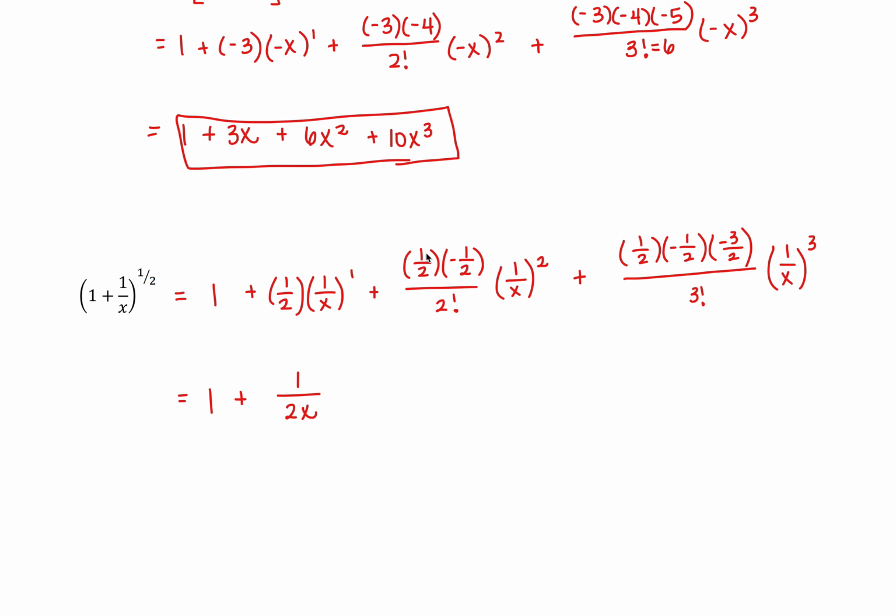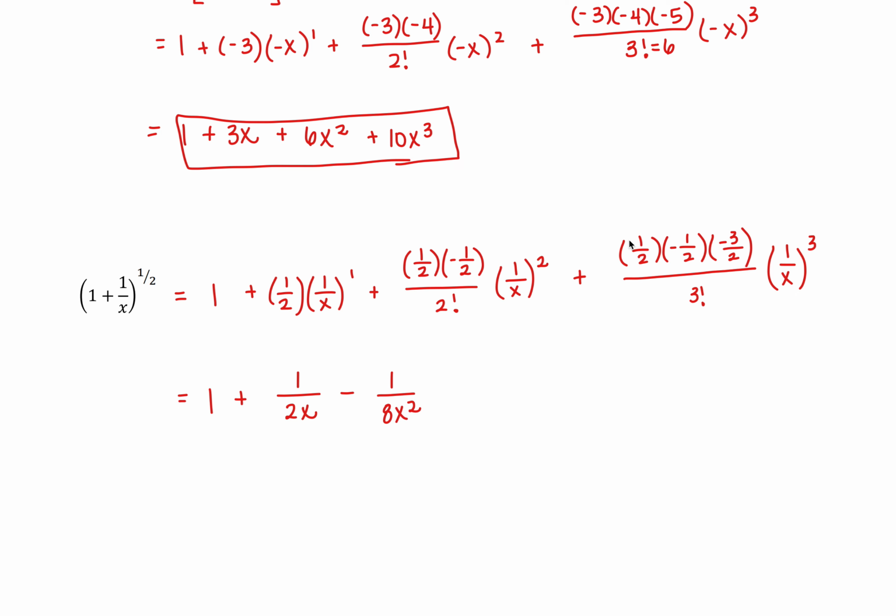Here, 1/2 times negative 1/2 is a negative 1/4 in the numerator. So we have negative 1/4 divided by 2, that's going to be negative 1/8. And then we're going to also have an x squared in the denominator, so it'll be minus 1 over 8x squared.